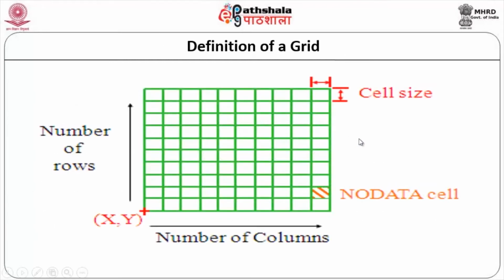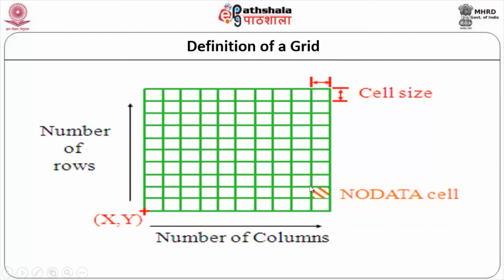How do you define a grid? In a grid you will have n number of rows and n number of columns, and the origin will be x comma y, and the maximum will depend upon the value you intend to give. That depends on the total number of cells, and this is obviously the cell size.